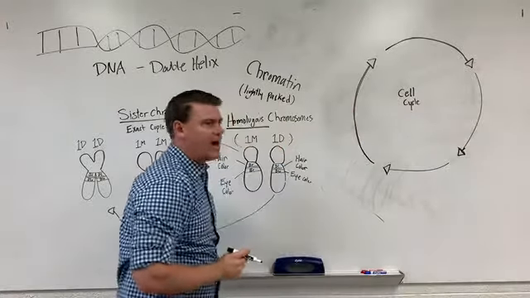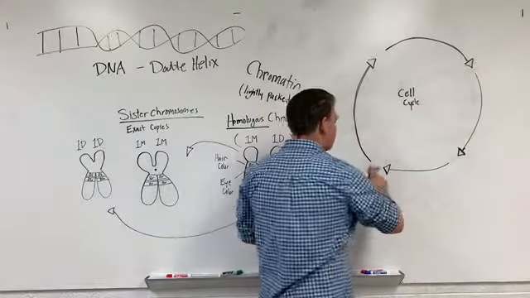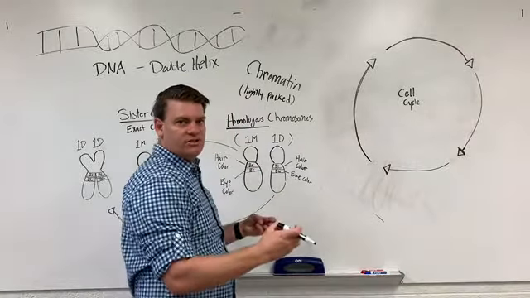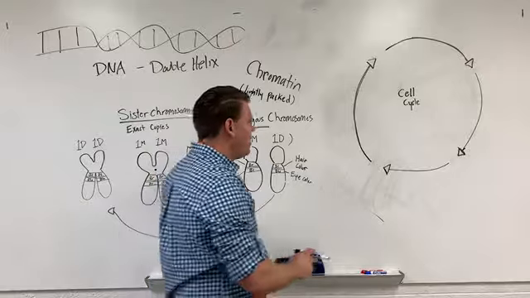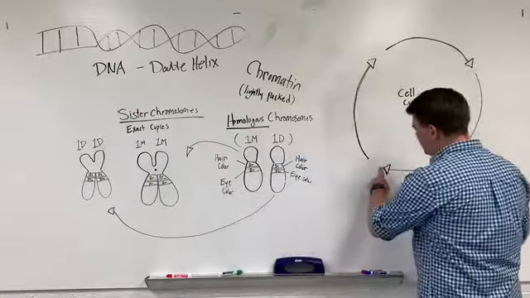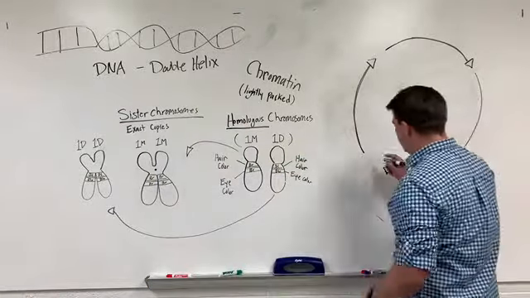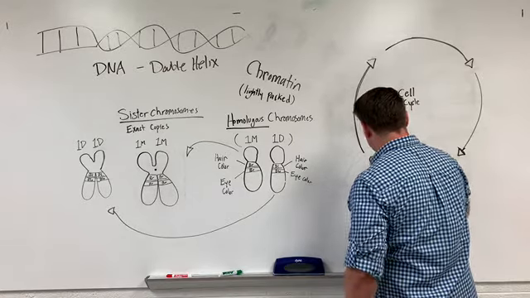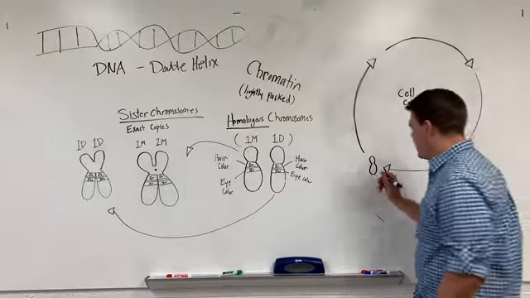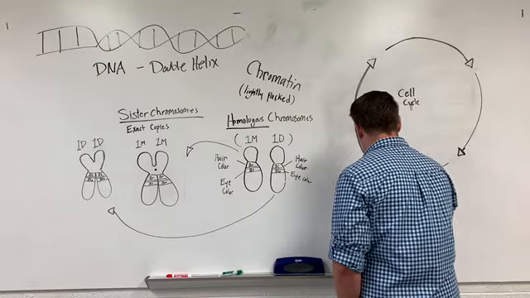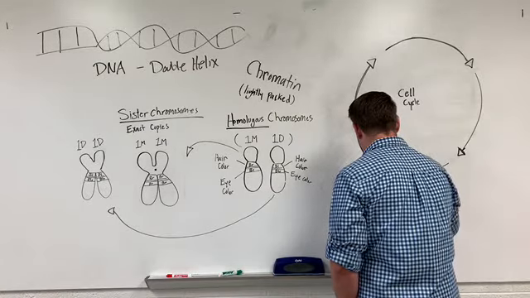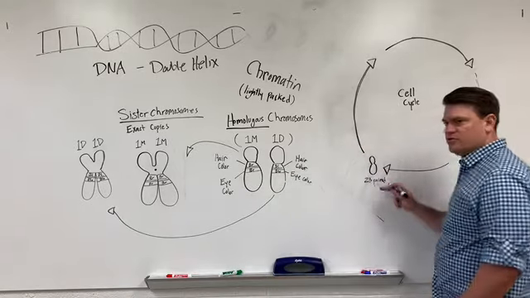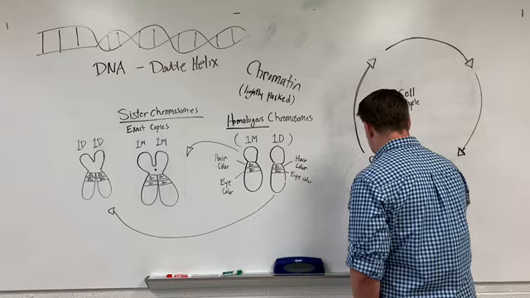All right, so we're gonna have our cell cycle. So this is the life cycle of a cell. So when it goes from a single cell and then divides into two cells. Now, this is the beginning or end of it, so at this point, your cell has 23 paired chromosomes, or a total of 46.